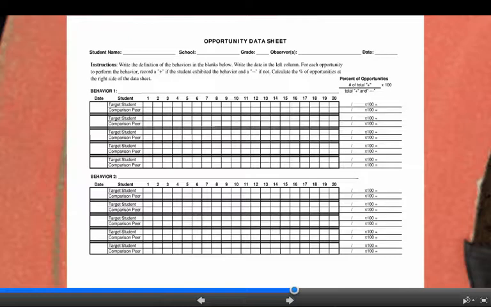So there's 10 opportunities, and I'm looking at the individual that I'm there to support. I'm going to call it my target student, and I'm going to record the total number of times out of 10 that my student actually raised his hand and volunteered to answer a question. Whether or not he got called on is irrelevant. What I was interested in is whether or not there's a voluntariness on their part to actually answer a question.